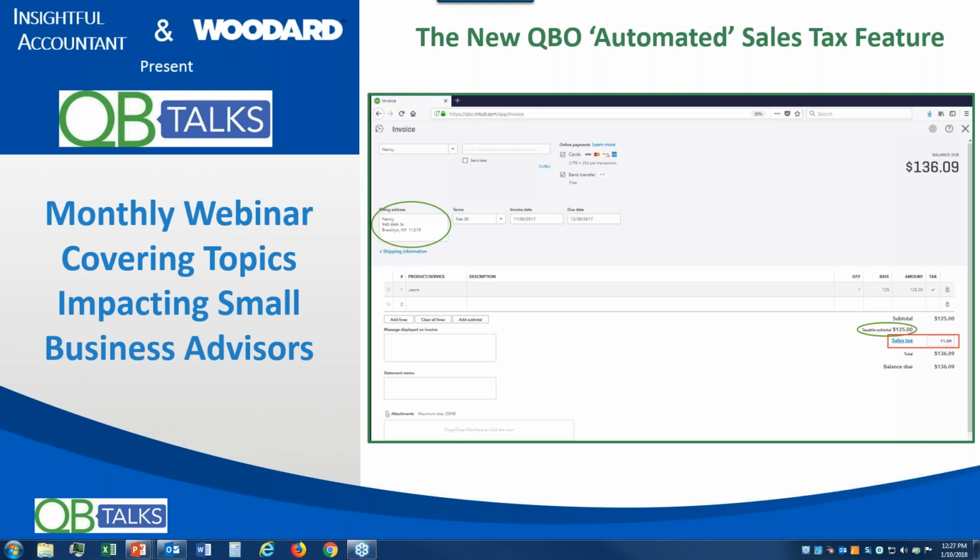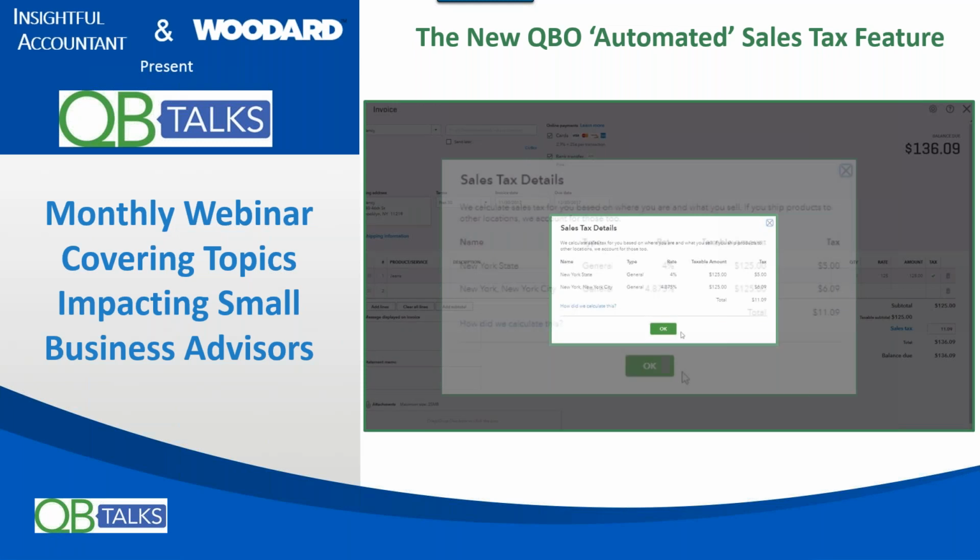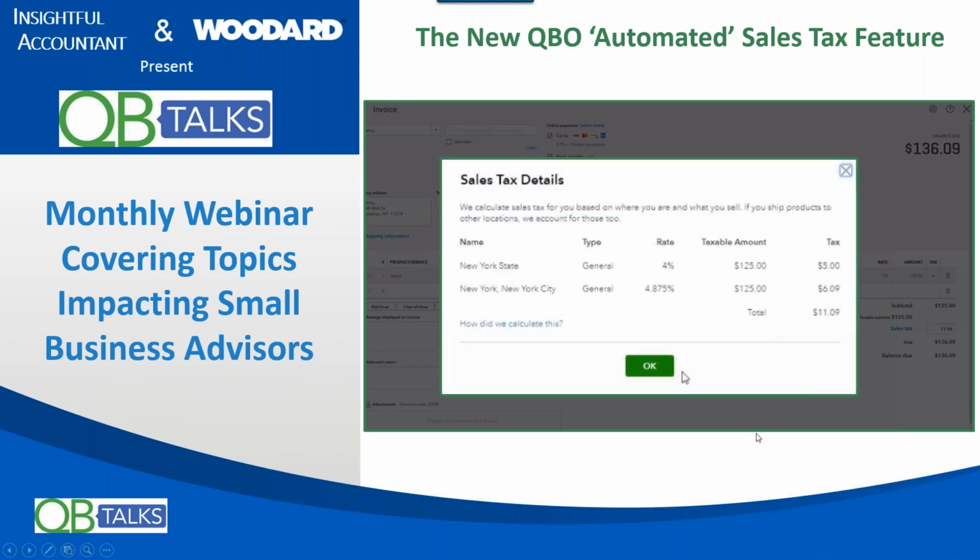While the new system doesn't permit you to change the tax rate, as you could in the old system, you can override the sales tax amount. But before making any changes, you probably want to look at why the specific amount of tax was computed. To do that, you just click this blue sales tax link. Then you get a pop-up that displays the various computations. You can see here an example where the sales tax was computed at 4% for the state and 4.875% for the city of New York.